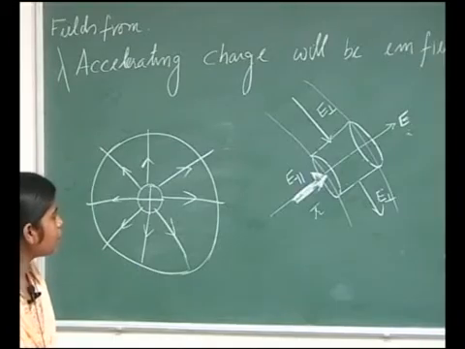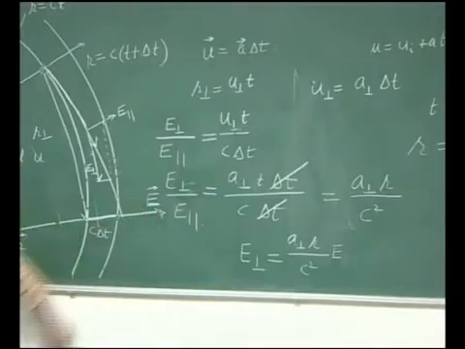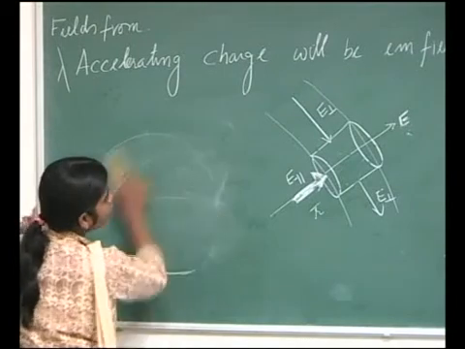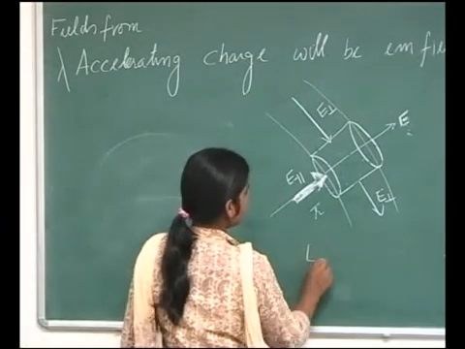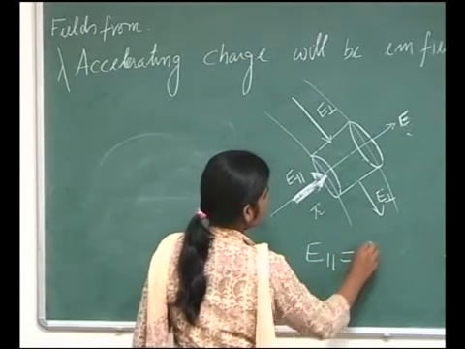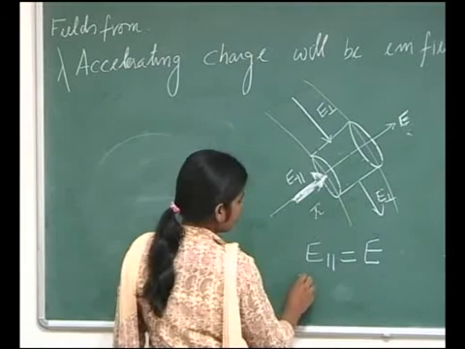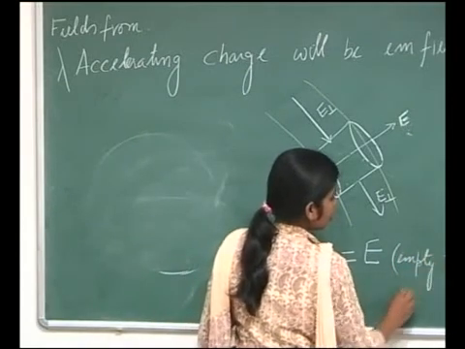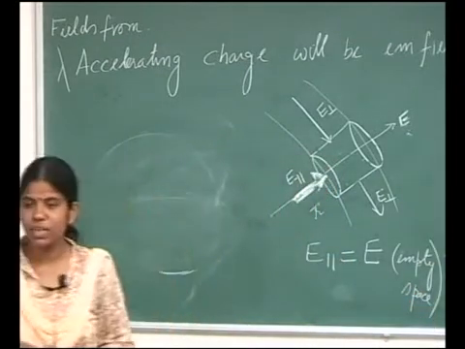So, now what is the problem is, how would I calculate this E, this radial electric field E. So, for that I will use Coulomb's law. So, here I can write that E parallel is equal to E because in empty space. See, I always write empty space, okay.